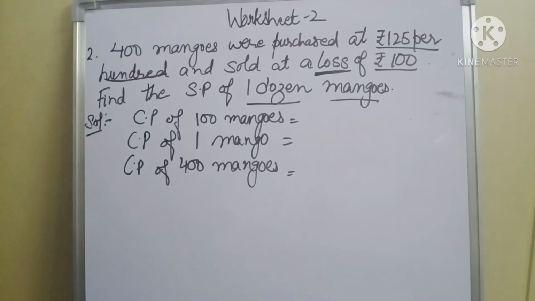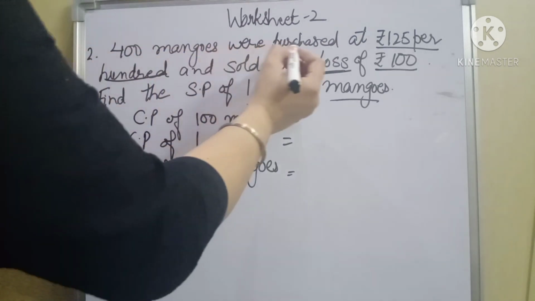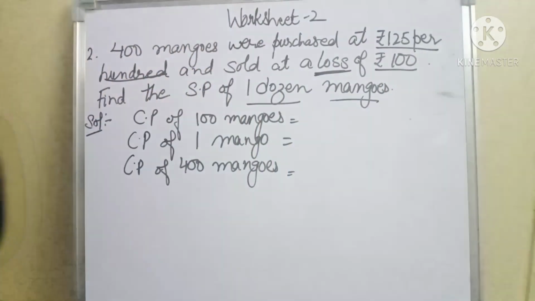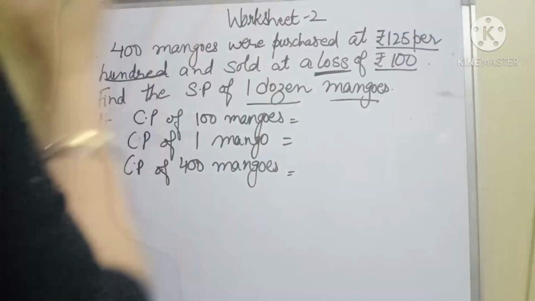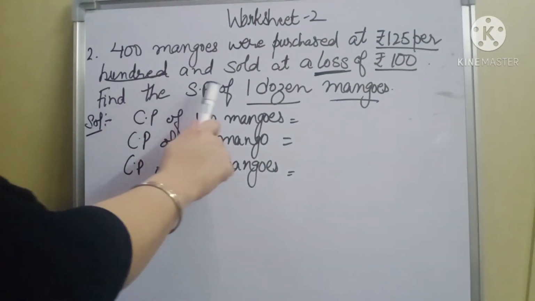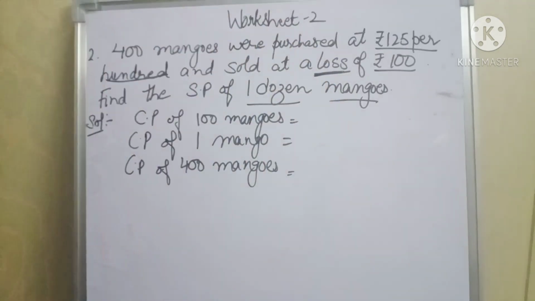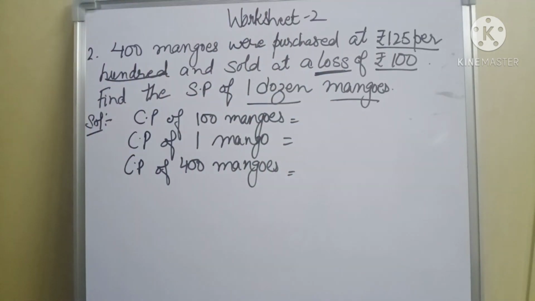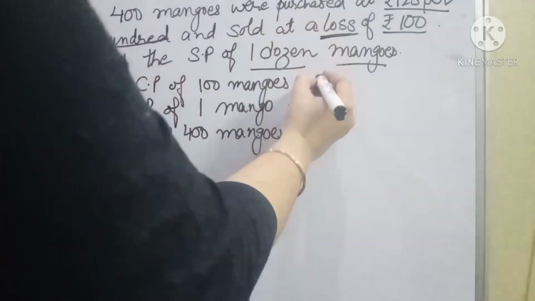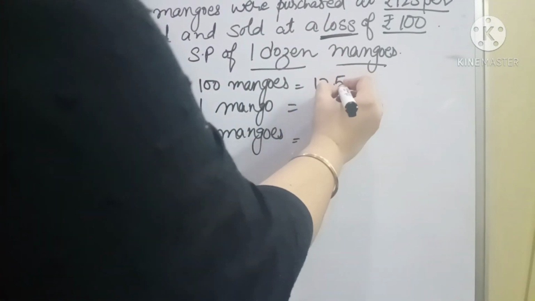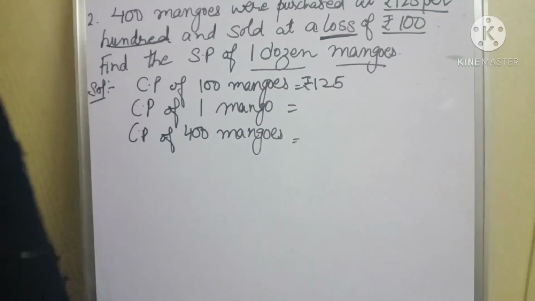Let us do sum number 2. 400 mangoes were purchased at rupees 125 per 100 and sold at a loss of rupees 100. Find the SP of 1 dozen mangoes. Before we find the SP of 1 dozen mangoes, we are going to find the CP of 400 mangoes. How can we find it? Let us see. Cost price of 100 mangoes is equal to rupees 125.